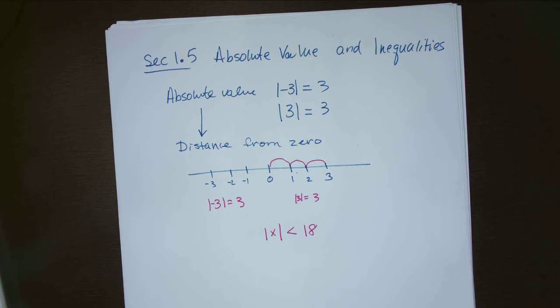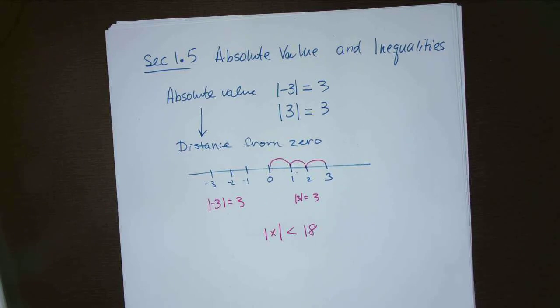Okay, so what does this mean? Now, it doesn't really apply to age, but I'll show you an example later that does. What does this mean? So this is saying the distance is less than 18. So what numbers are included in this as answers?